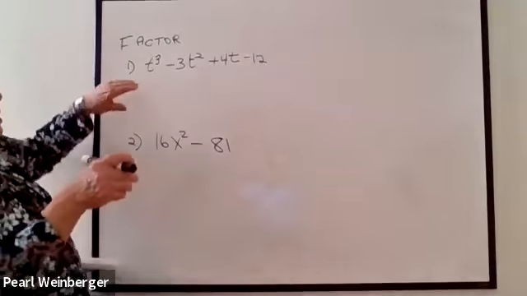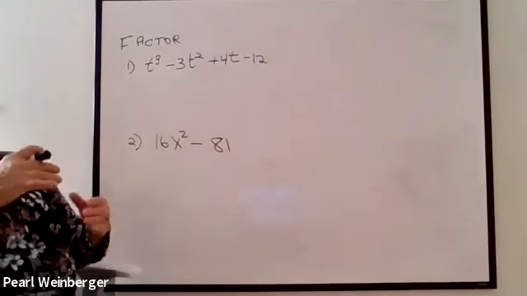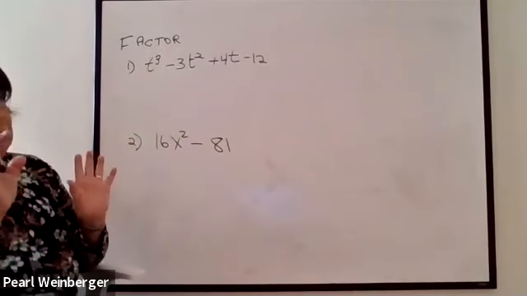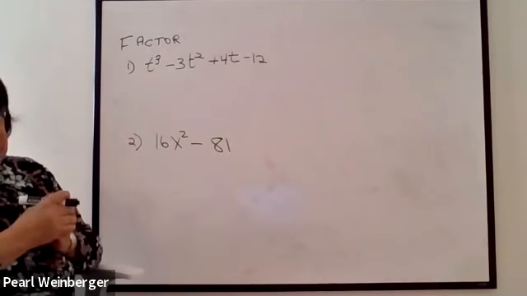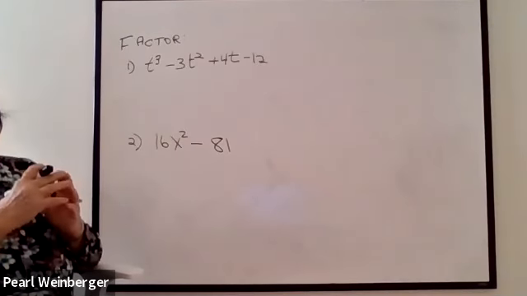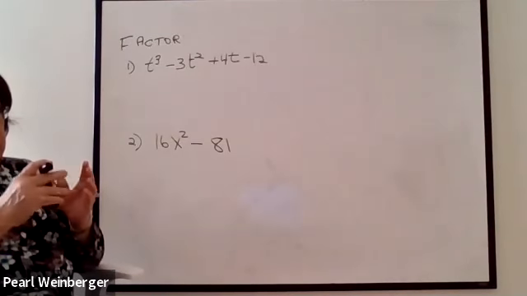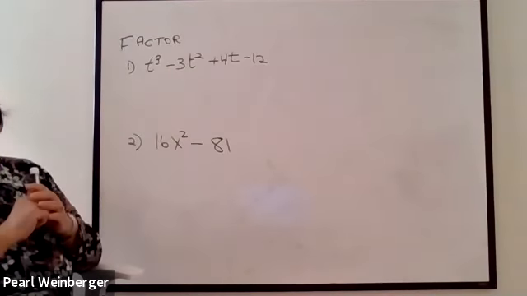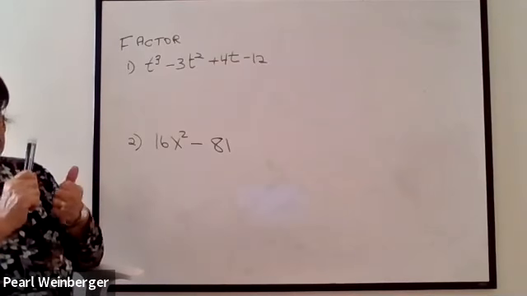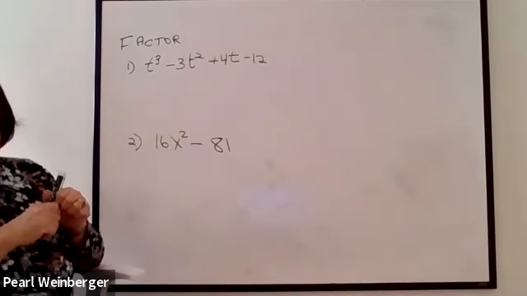Okay. We're looking at, now, all I gave you in the instructions in each of these is to factor. If you recall from Tuesday, I talked about 4 types of factoring that we do. We do what we call a common factor.